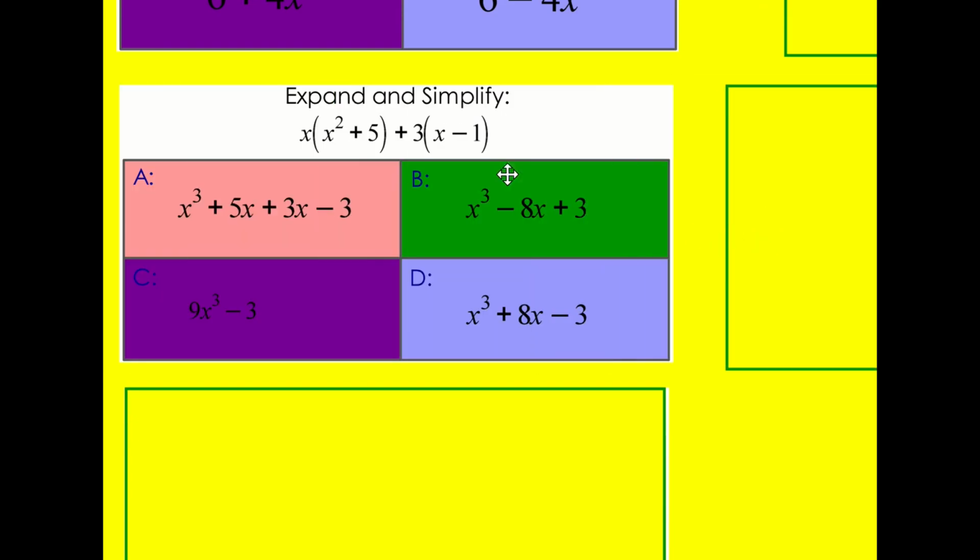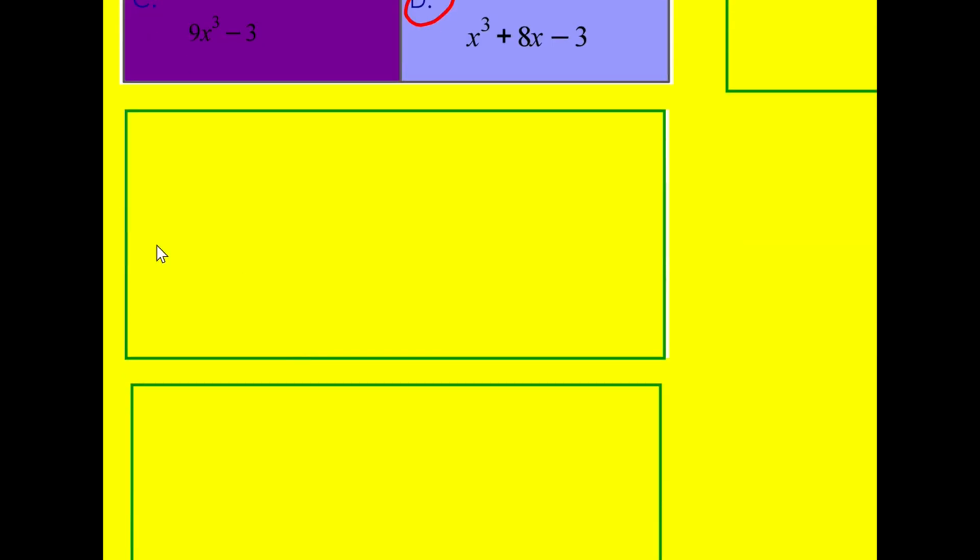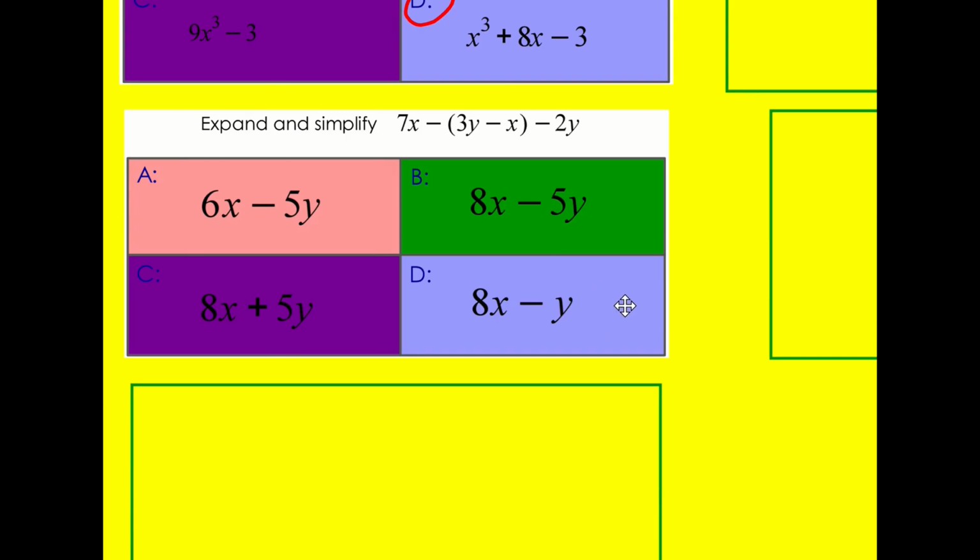And throwing in a few more with x squareds in. X cubed plus 5x plus 3x minus 3. So that's going to become d. 7x minus 3y plus x minus 2y. I'm going to get 8x minus 5y, b.